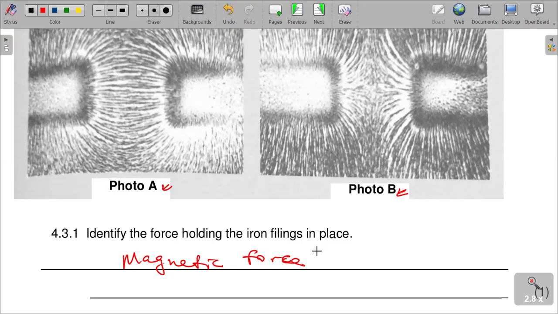I'm sure we can see this is just magnetism being illustrated. That is what is happening in A. You can see they are attracting each other there.